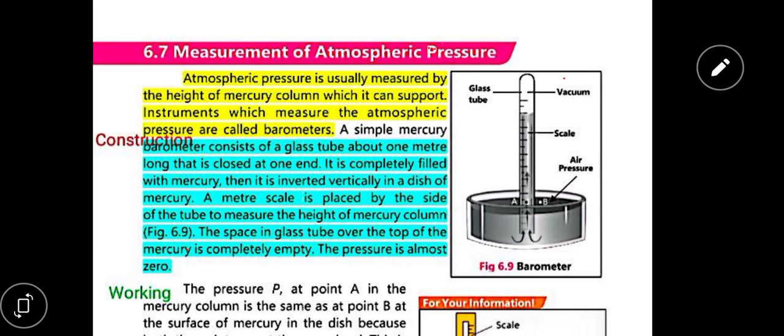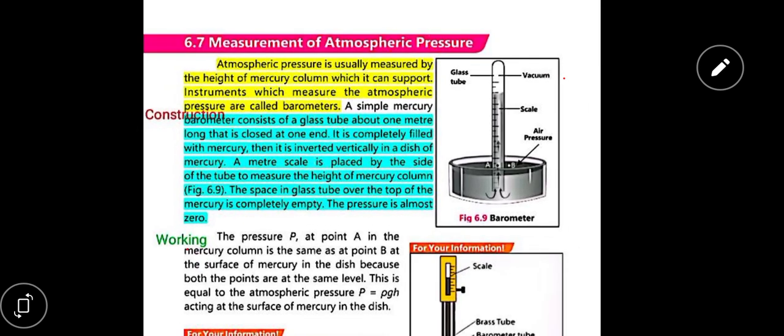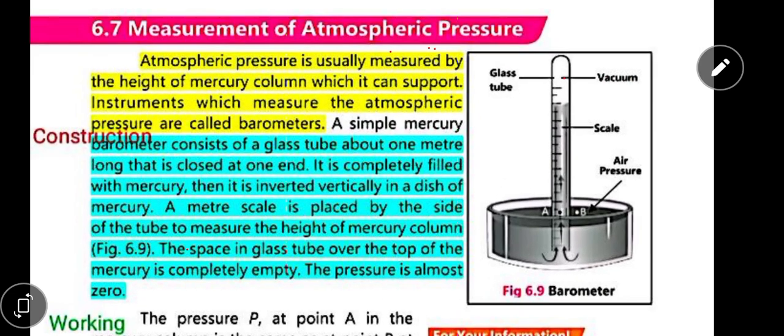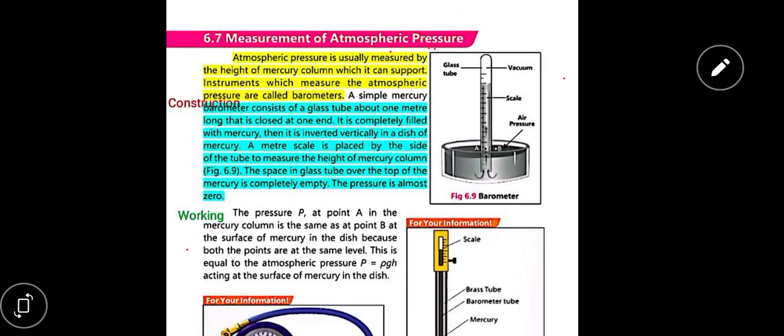So let's understand its construction. Its construction is very easy and it's easy to use. I'm going to show you the simplest diagram of the barometer. First of all, we need a glass tube and a glass bowl.